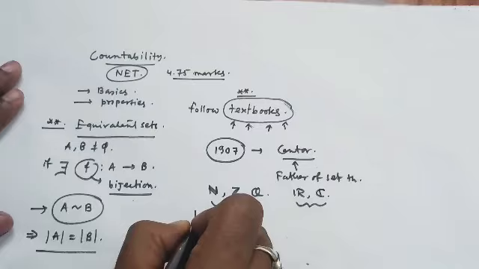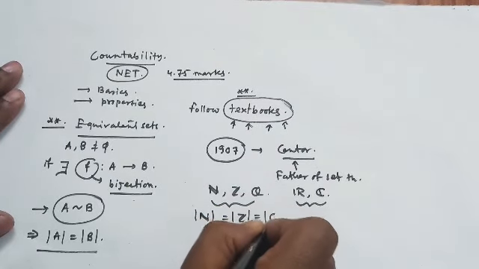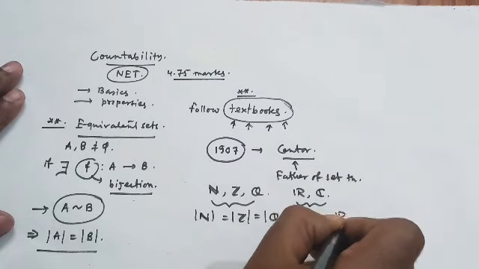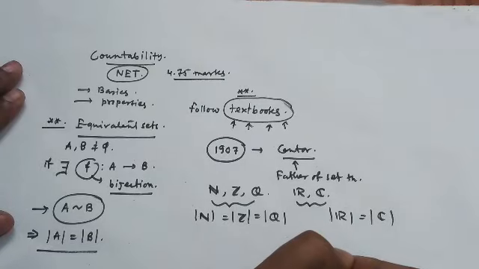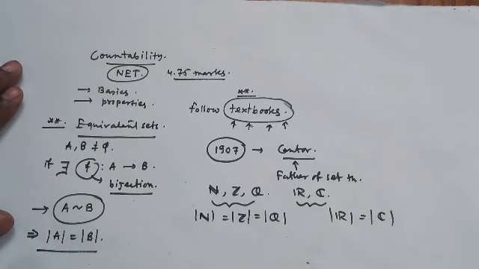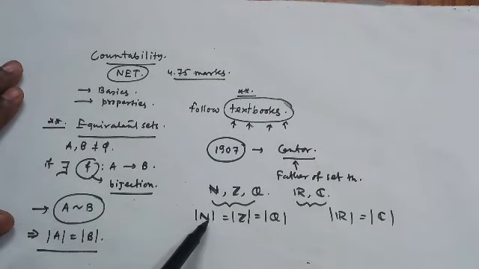That is, their cardinality is going to be the same, and the cardinality of R equals the cardinality of C. In fact, in his second hypothesis, he proposed that the cardinality of R and C is going to be greater than the cardinality of the natural numbers, rational numbers and integers.